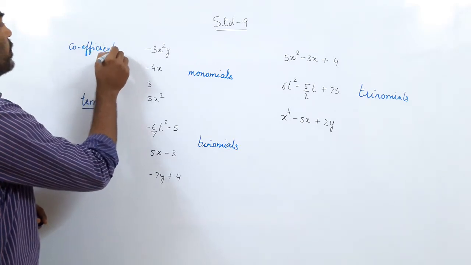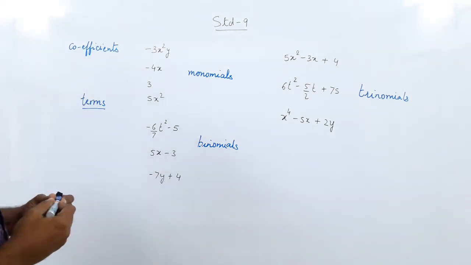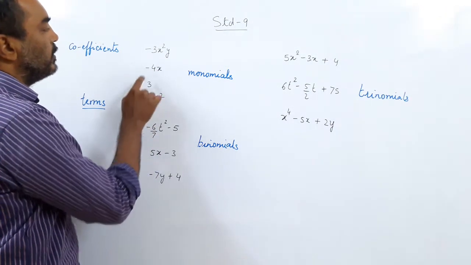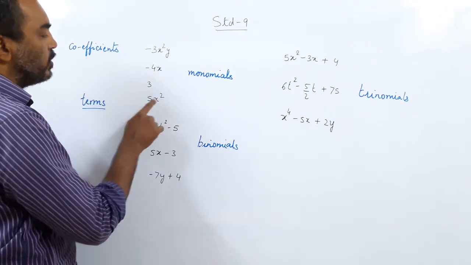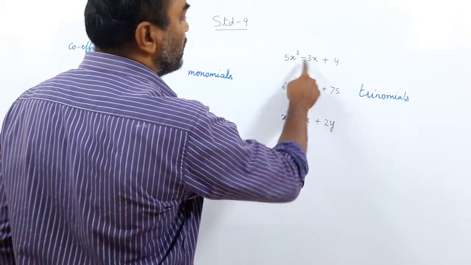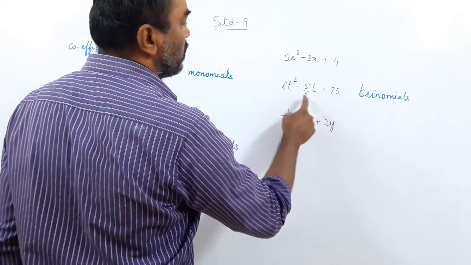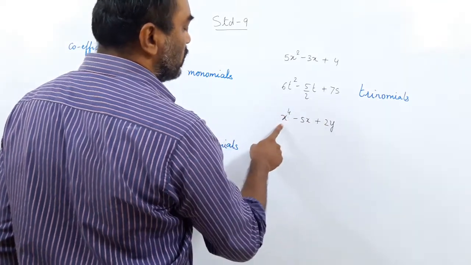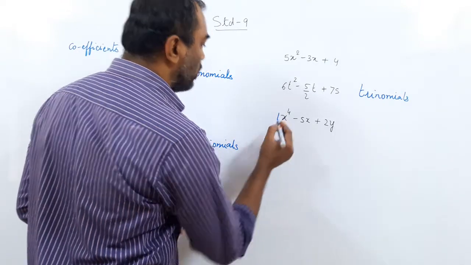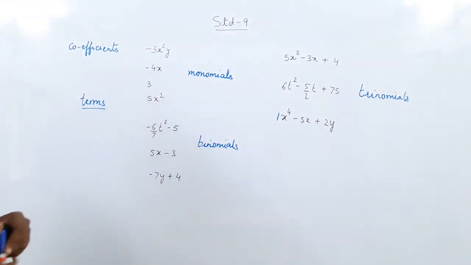I hope you do remember. You must have seen the video. So the coefficient of x square y is minus 3, the coefficient of x is minus 4, the coefficient of x square is 5, the coefficient of x is minus 3, the coefficient of t is minus 5 by 2, the coefficient of x is 1. Since there is no number, we put a 1. So those are what? Coefficients.